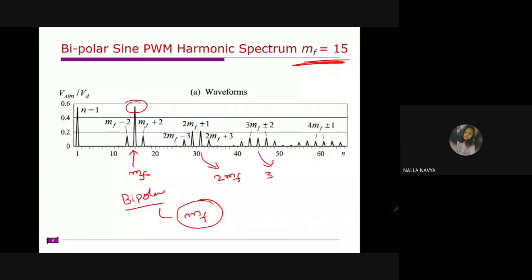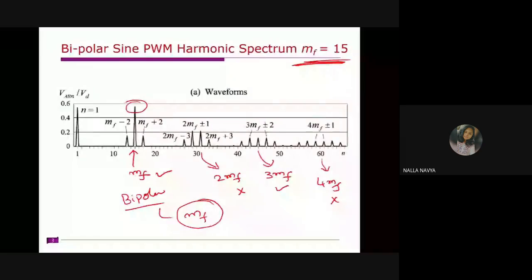Similarly, you have a harmonic at 3MF, and no harmonic at 4MF. So for even multiples of MF, you have no harmonic.